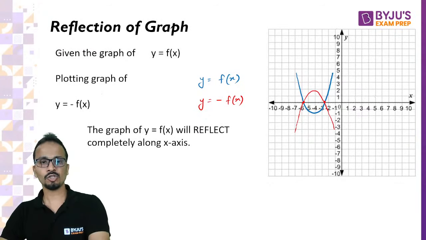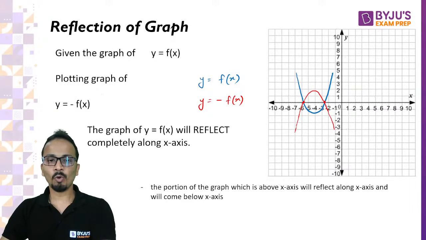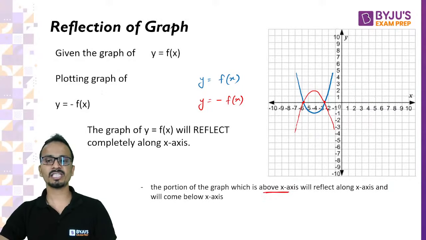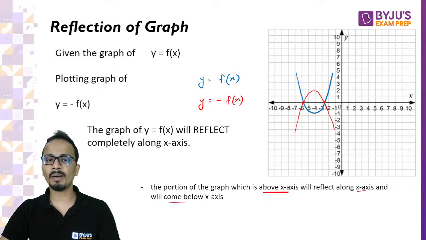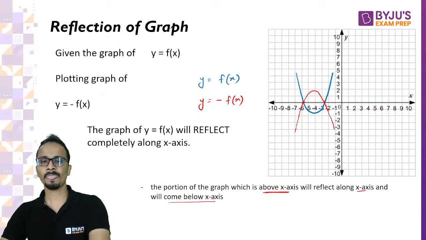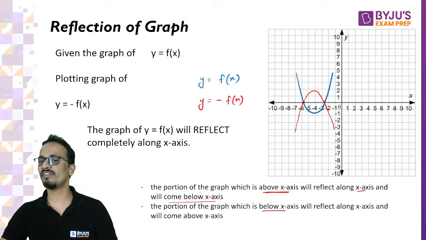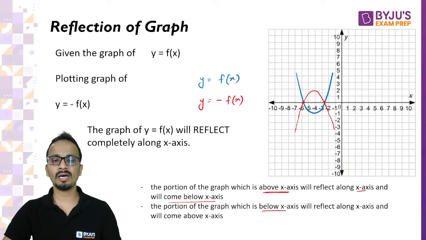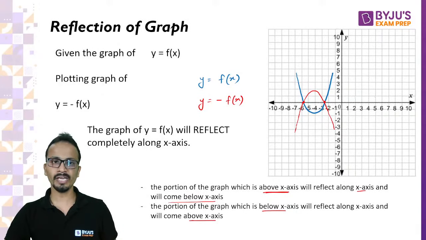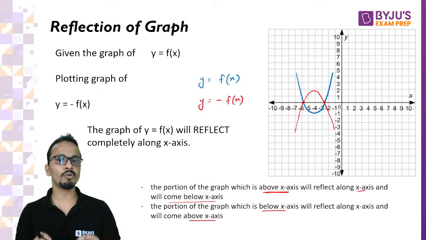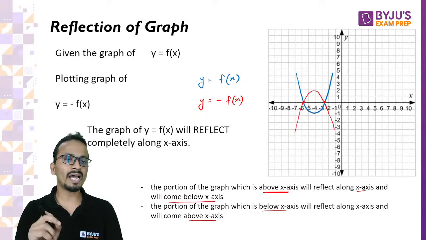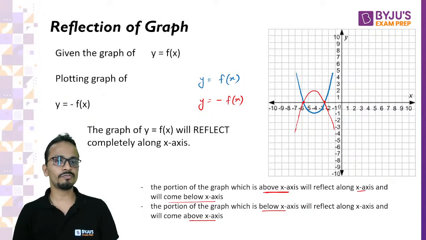All right, so the portion of the graph which is above x-axis will reflect along x-axis and will come below the x-axis, and the portion of the graph which is below x-axis will reflect and will come above the x-axis. So this is when I'm plotting the graph of y equal to minus f of x.